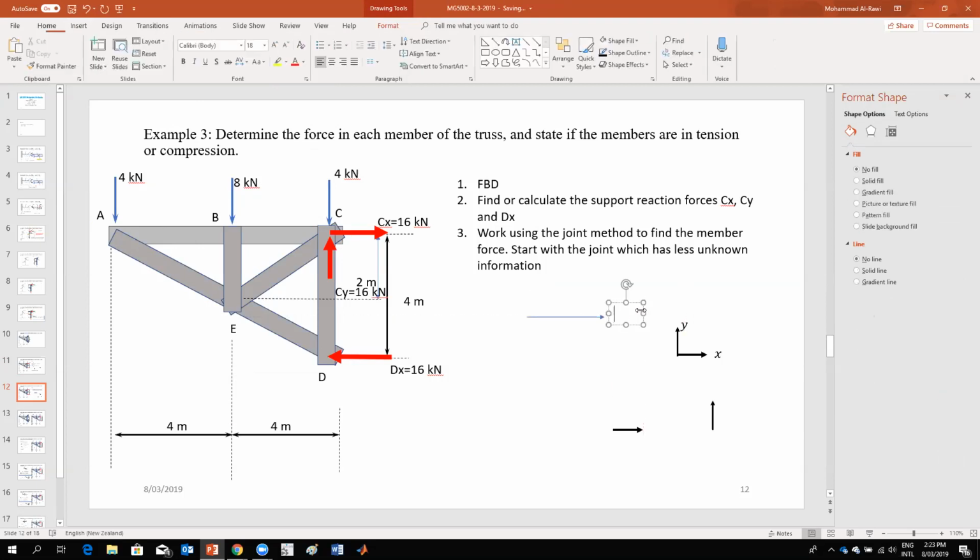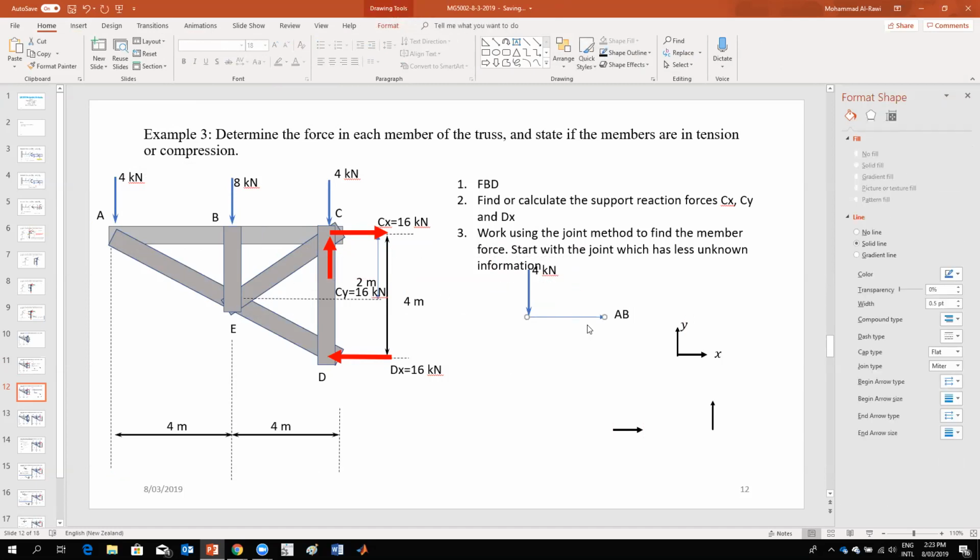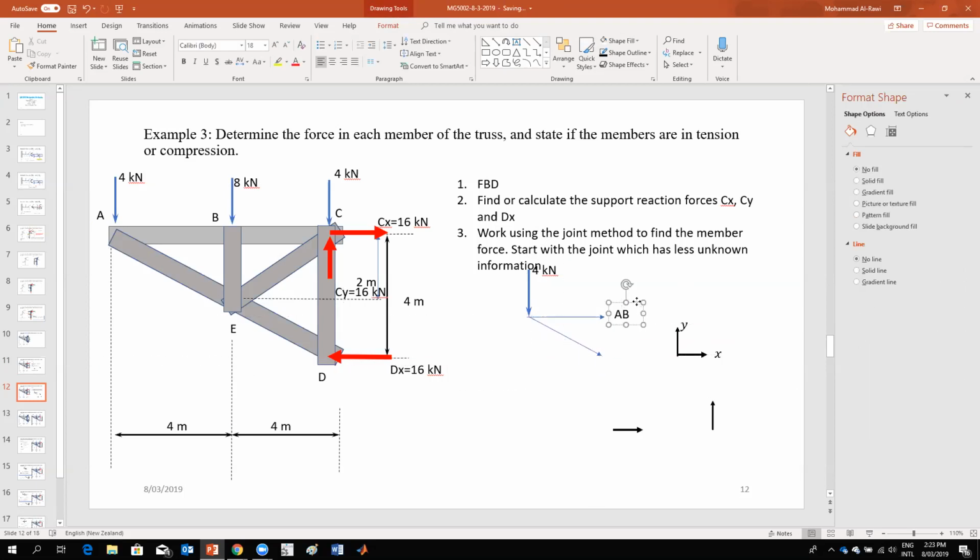So I will say AB. And there is a 4 kilonewtons coming in that direction. And there is a force acting from that direction. We call it AE.